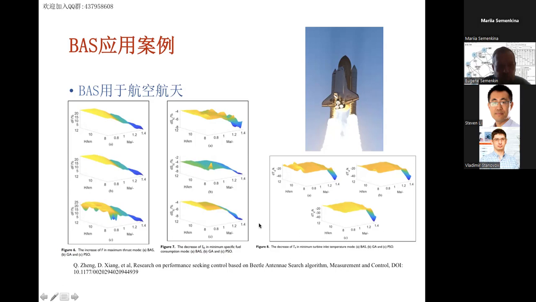So here, they also tested the application of Beetle Antennae Search and achieved good performance. The reason, again, is that Beetle Antennae Search is computationally low cost. Therefore, they can do it in real time in an embedded controller. They can do the control at a very high control frequency.